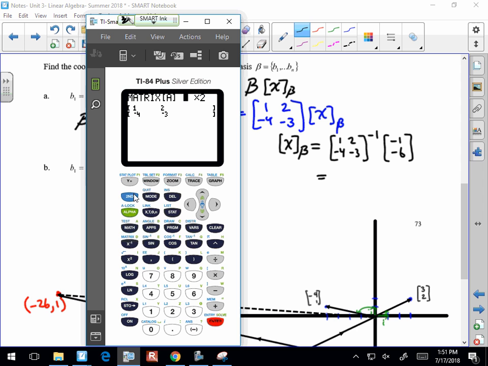That's the one I just typed in. So 3, -2.